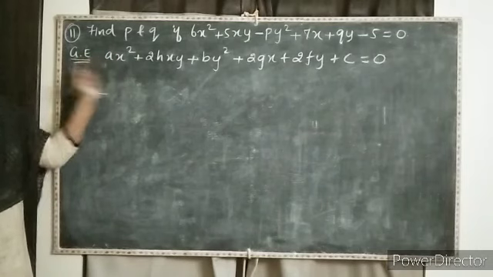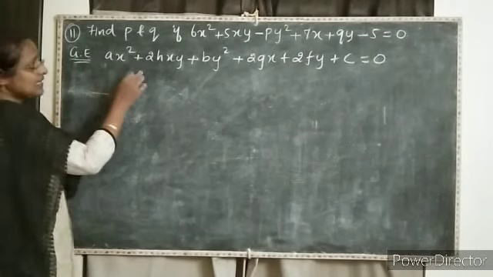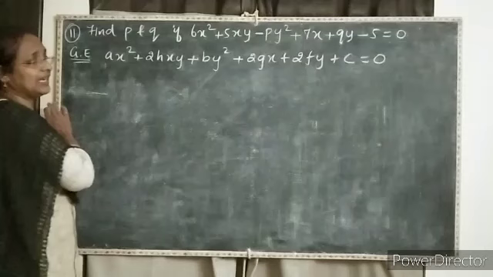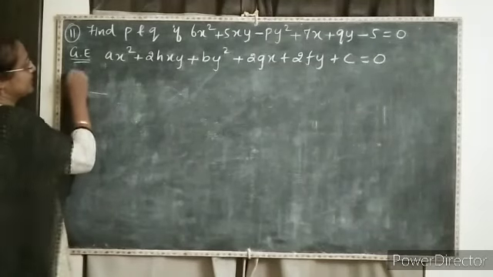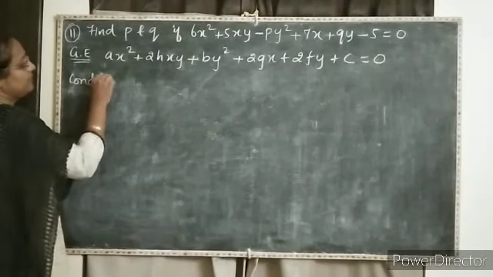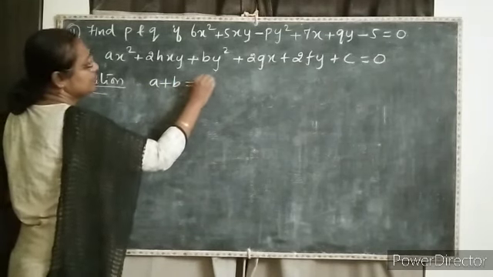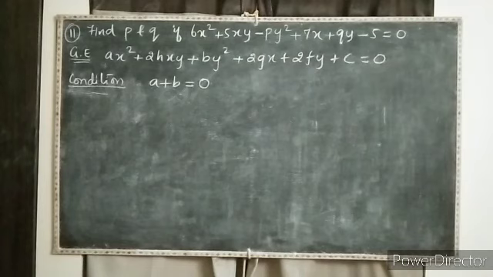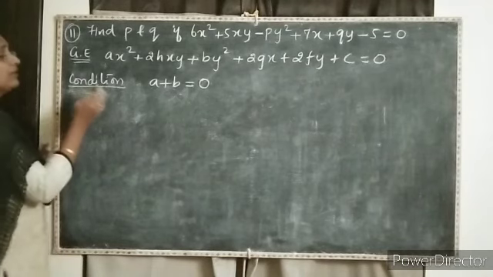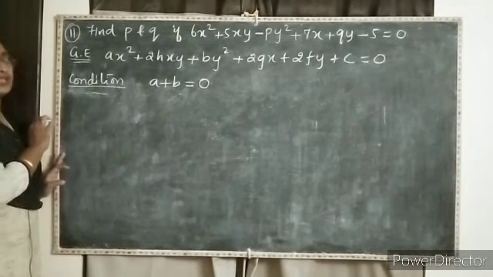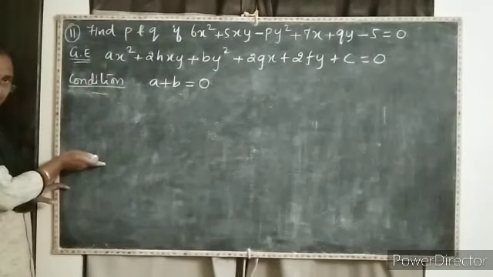Now, the condition for this pair of straight lines to be perpendicular is a plus b is equal to 0. Okay. One more condition is also there, which we can discuss in the next part of this solution.